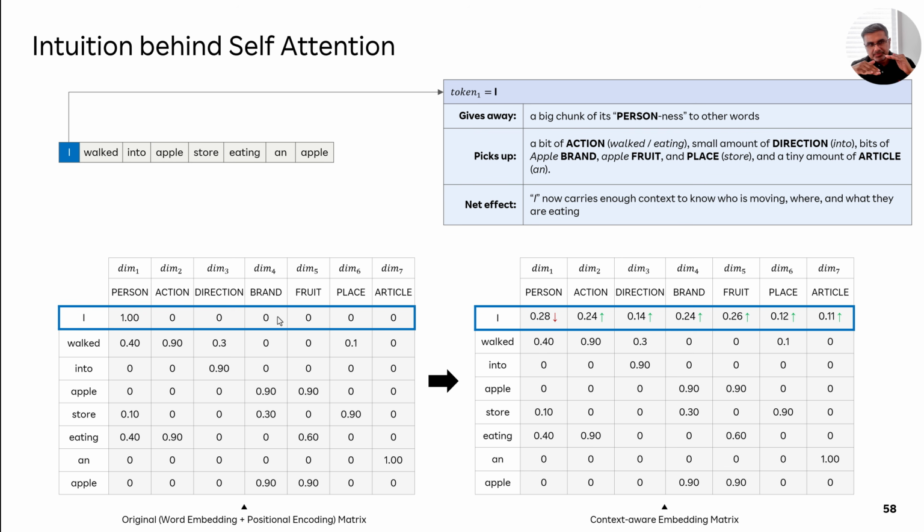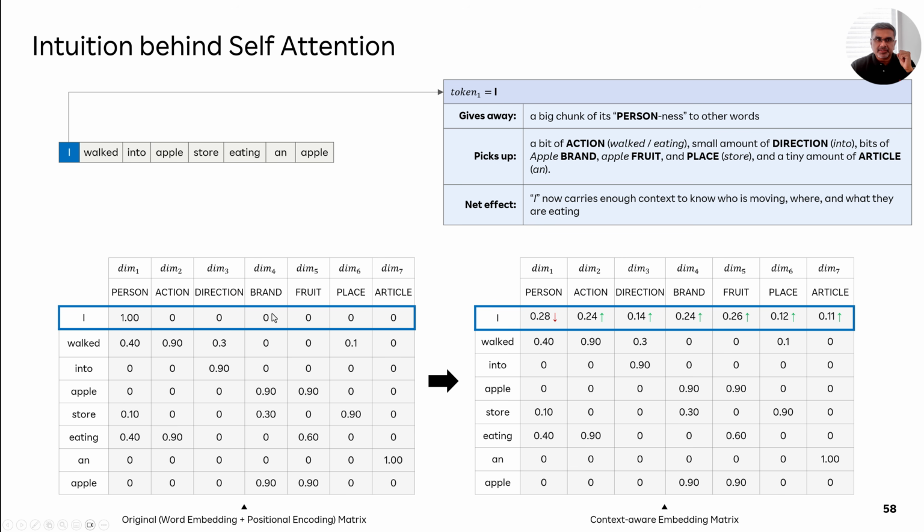So what you have to do is trade the feature dimension values of this word with other words in this sentence. For example, this word "I" will give away a big chunk of its personness attribute to other words in this sentence. And it picks up from the other words a certain bit of action.